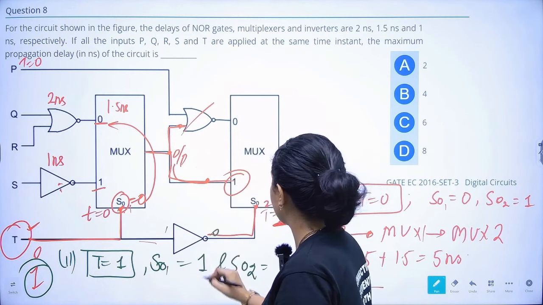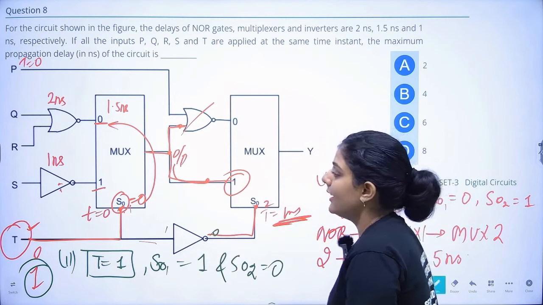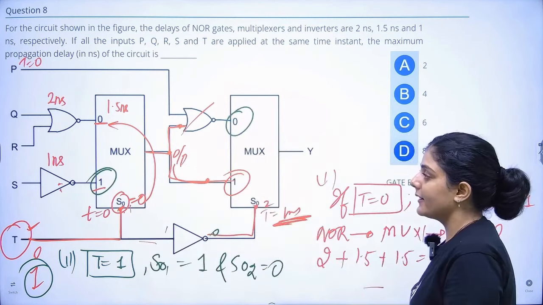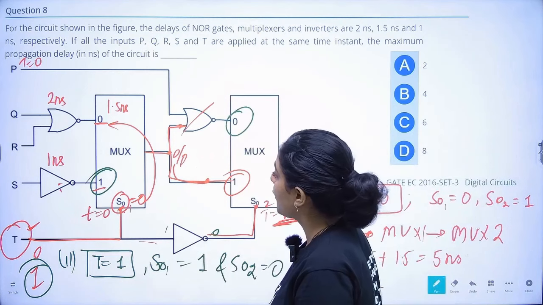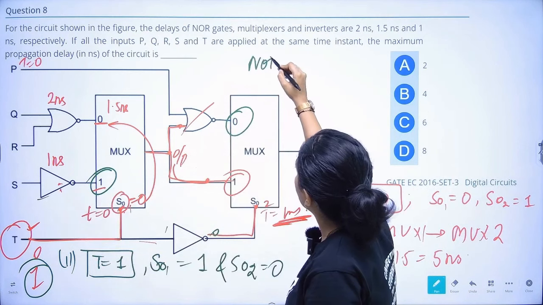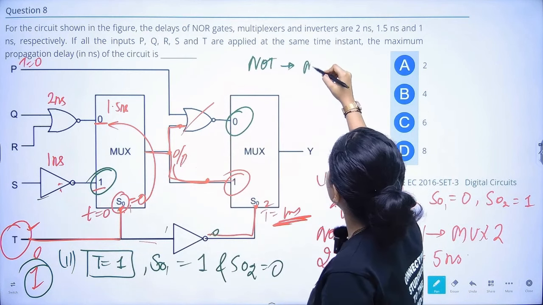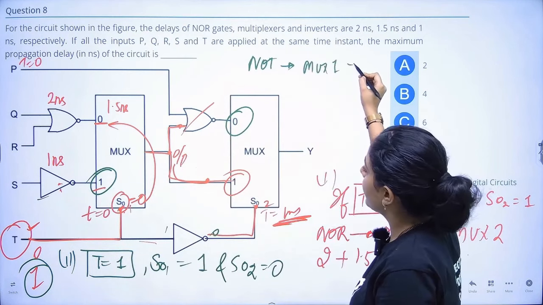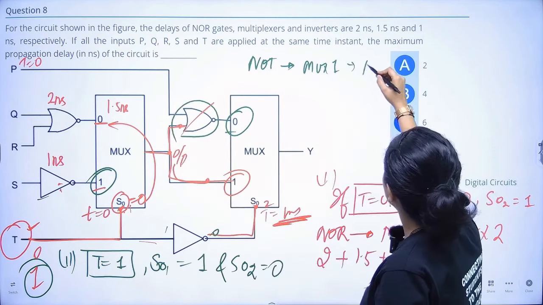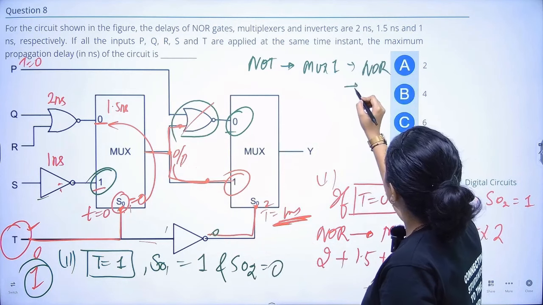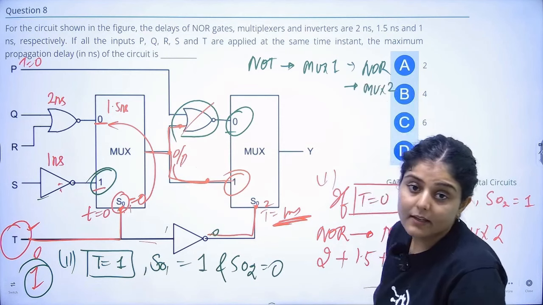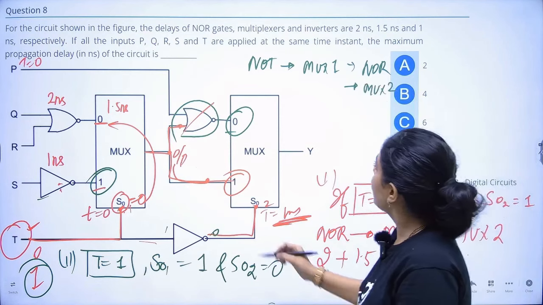It was 1, it will become 0. So basically this input will be selected in this case and this input will be selected in the other. How will the flow occur? Firstly, it will pass through the inverter, the NOT gate, then mux 1, then since this is selected, it will pass through the OR gate, and then finally the mux. This is the flow. Now we will add all the times.